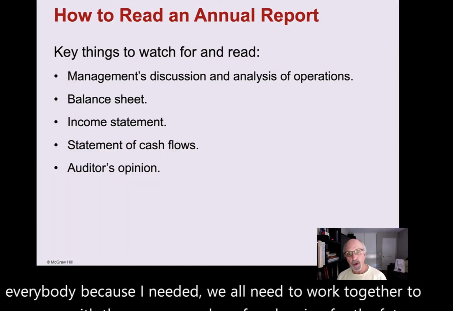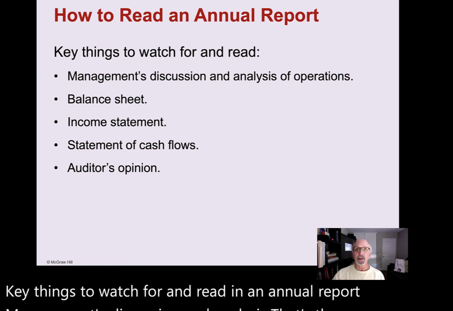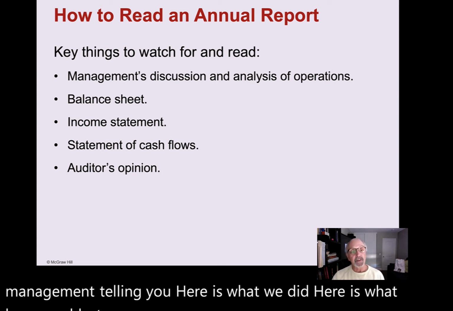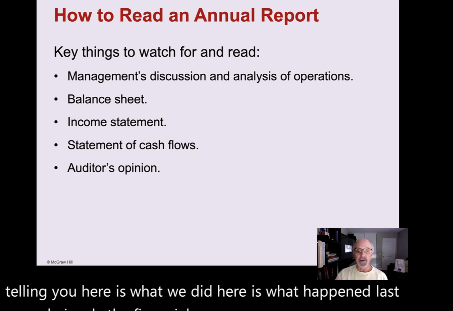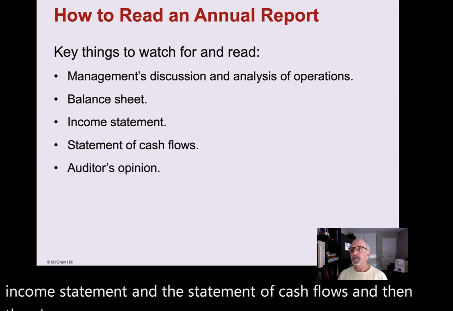Key things to watch for and read in an annual report. Management's discussion and analysis. That's the management telling you, here's what we did. Here's what happened last year. Obviously, the financial statements, the balance sheet, the income statement, and the statement of cash flows. And then there's an auditor's opinion.